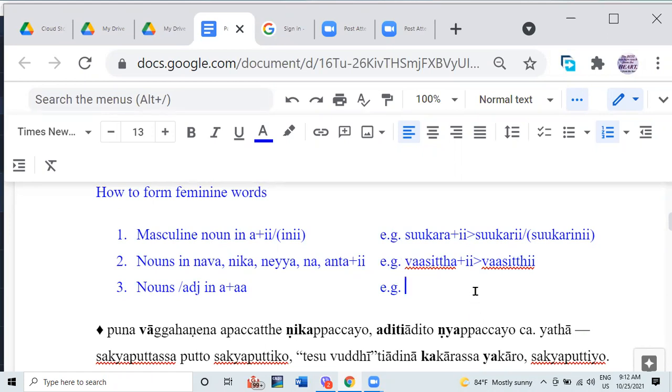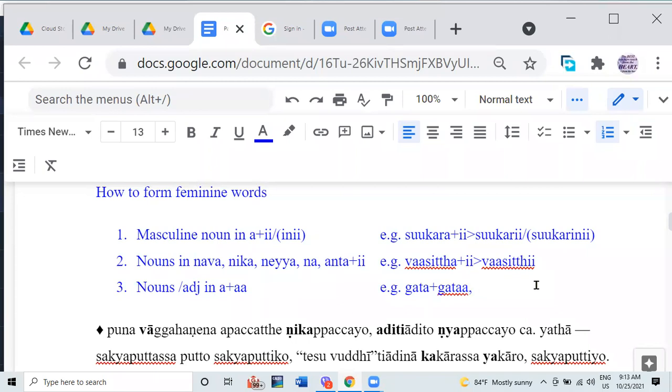For example, many adjectives, for example gata. If you want to form the feminine word, it should be gatā. Many are like this.